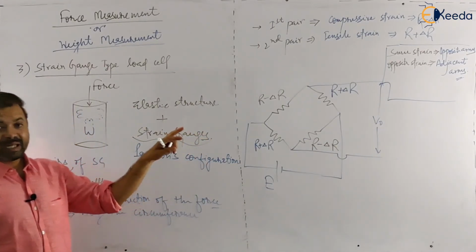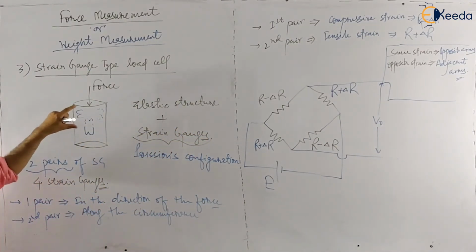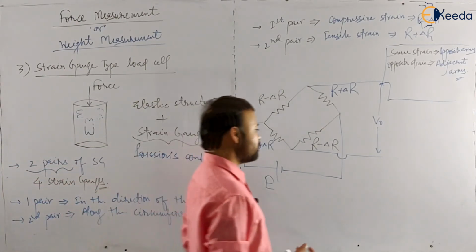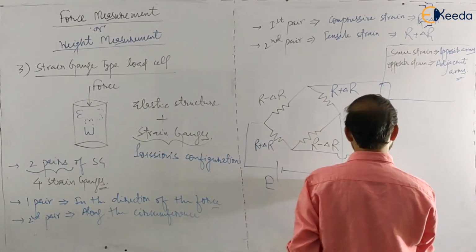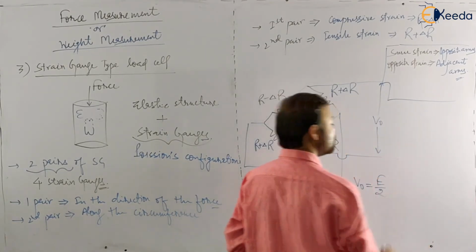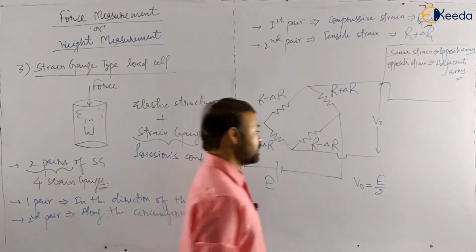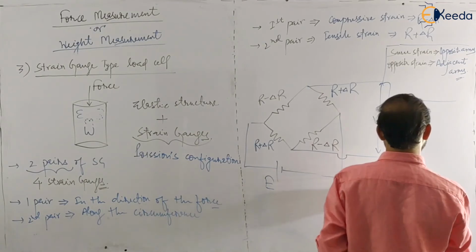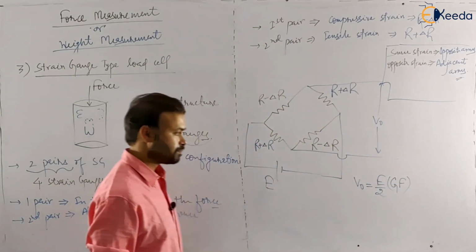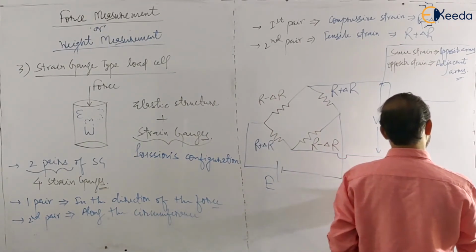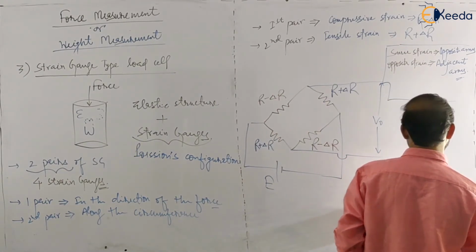Because these strain gauges are attached to this elastic structure in Poisson's configuration, what will be your voltage output? V naught will be equal to E by 2 times gauge factor times strain epsilon times (1 plus mu).